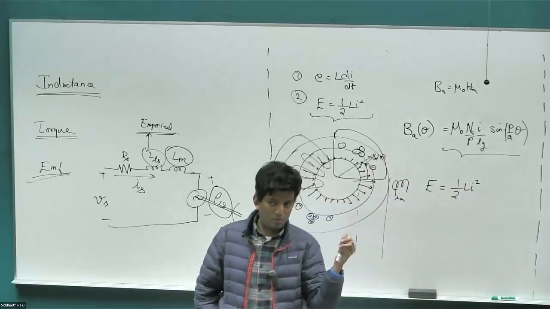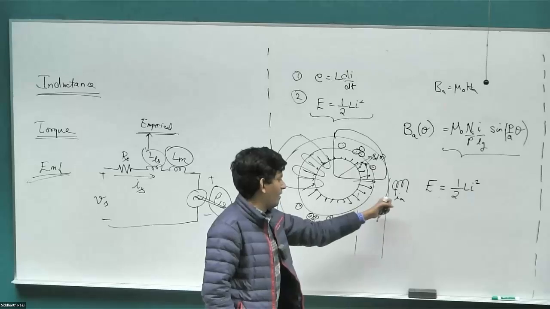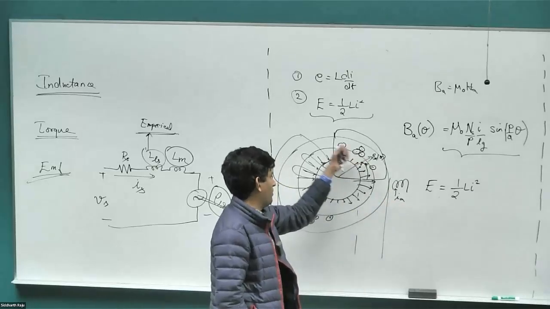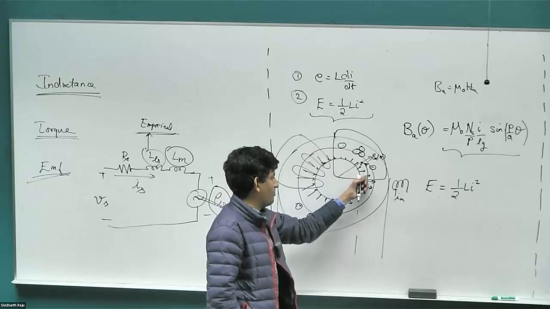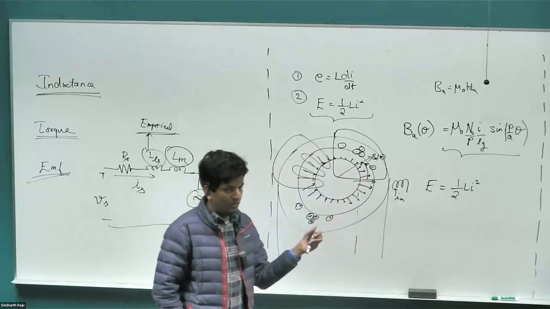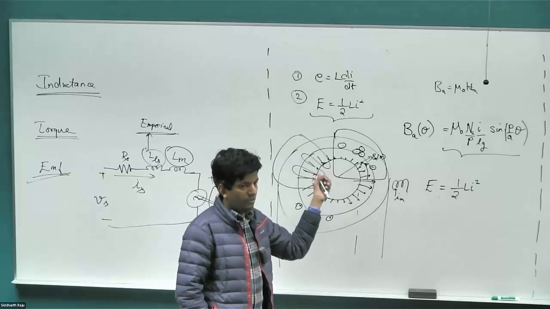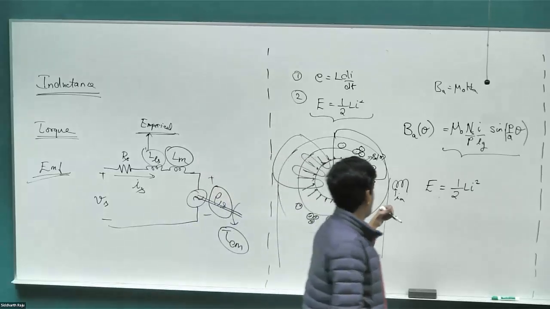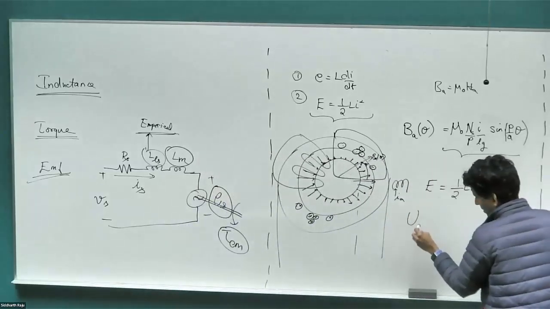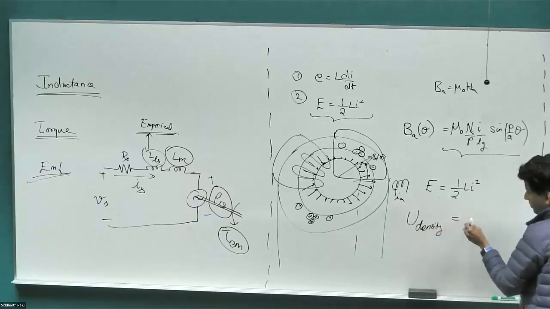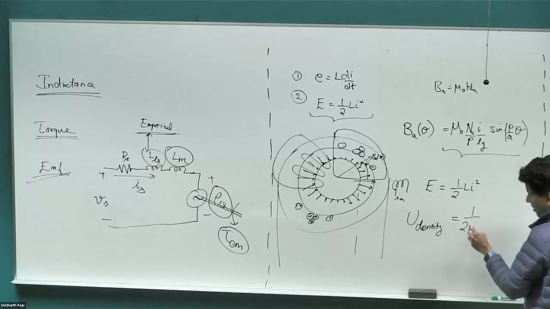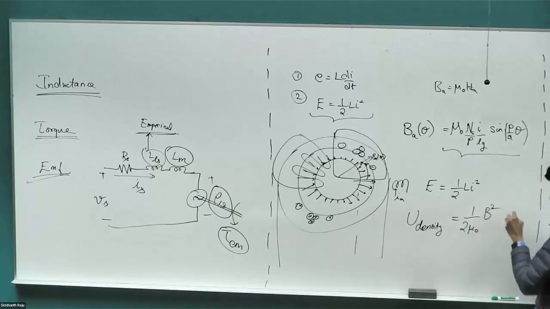That's the idea. So for this, what we need to do though is this current has caused some B field to emanate in this air gap, and anytime there's a magnetic field, it has an associated energy with it, and we need to figure out what that energy is in that field, right? So that's the idea. So first we start off with energy density, which is just 1 by 2 mu naught times B squared.